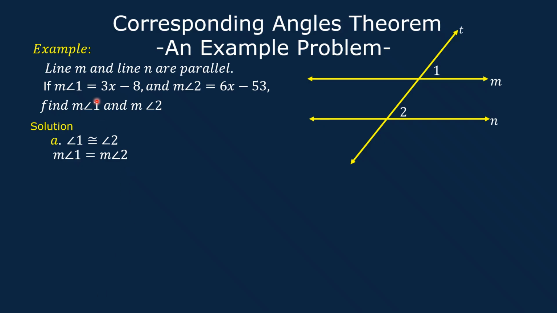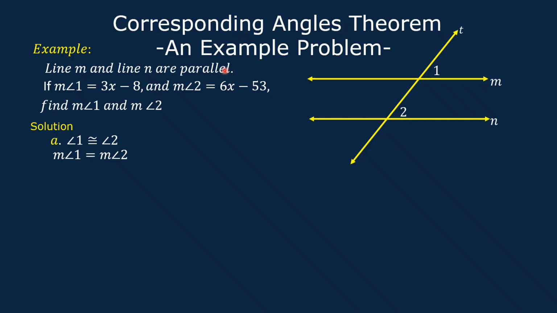It is given that the measure of angle 1 is equal to 3x minus 8. So we can substitute 3x minus 8 for measure of angle 1. It is also given that the measure of angle 2 is equal to 6x minus 53.